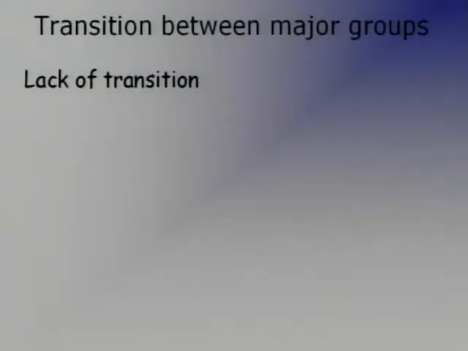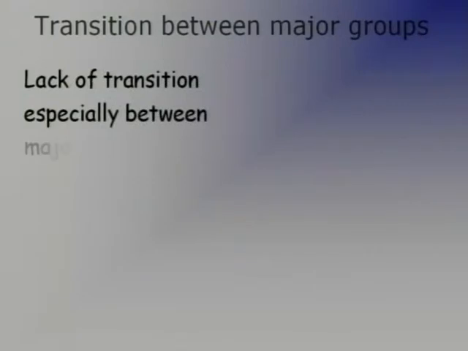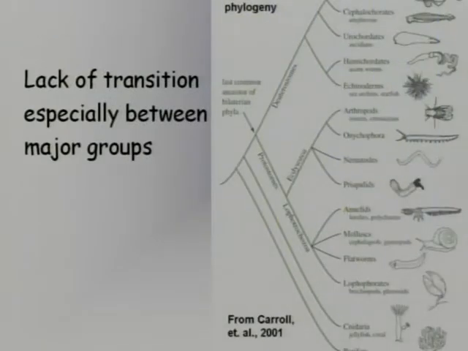But the problem gets much more acute when you're actually looking for major transitions. If you're actually looking at transitions between major groups, there's actually a lack of transitional fossils. And here I have a diagram which illustrates that, showing how we have major groups of animals. Here we have about a dozen different phyla of animals.